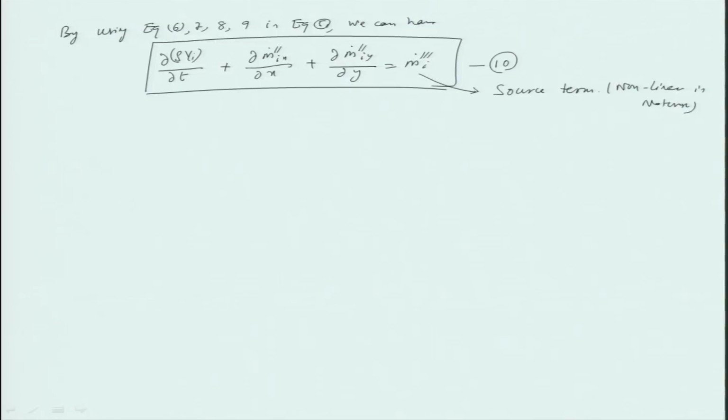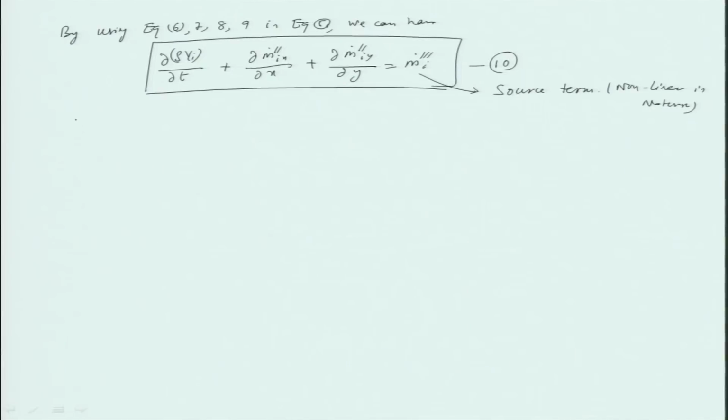Now, coming back to this, we have already derived a relationship for the mass flux of the i-th species along the x direction.